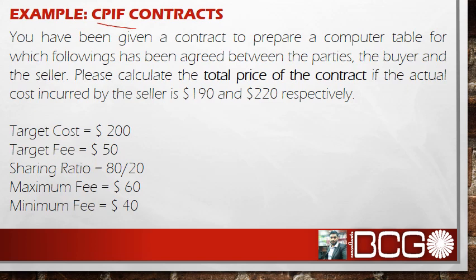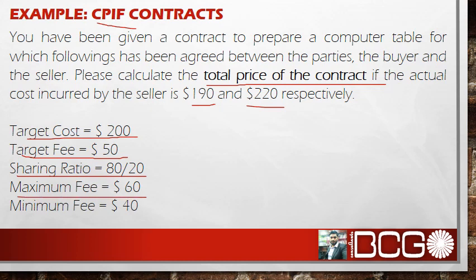You have to calculate the total price of the contract if the actual cost incurred by the seller is 190 under one situation and $220 in another situation. You have been given that the target cost is 200, target fee is $50, sharing ratio is 80 by 20, maximum fee can be 60 US dollars, and the minimum fee for the supplier can be 40 US dollars. Let's move towards the calculation.